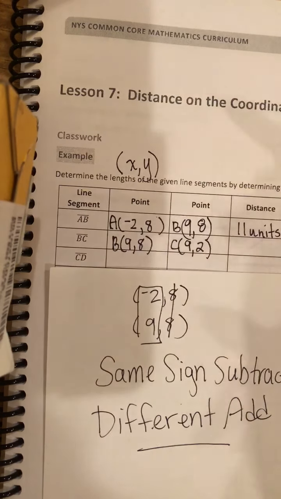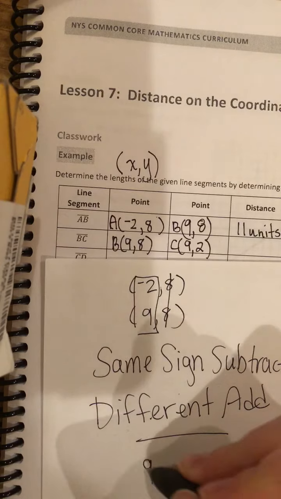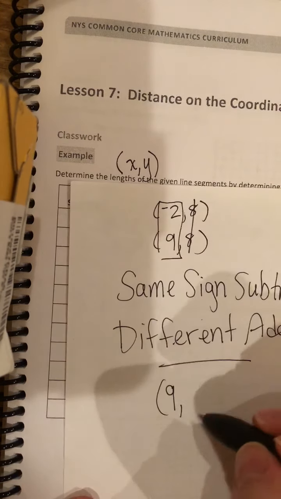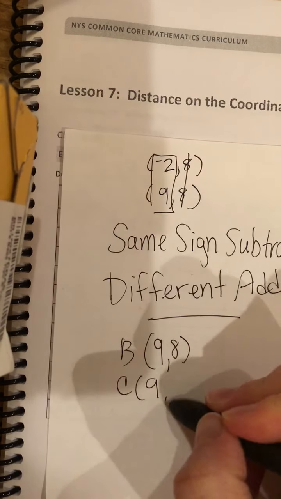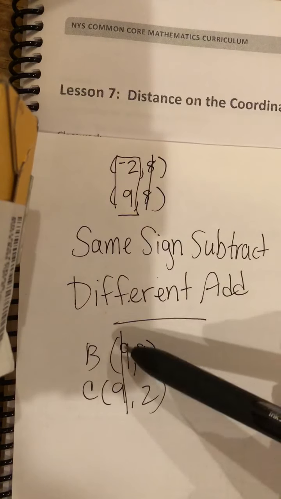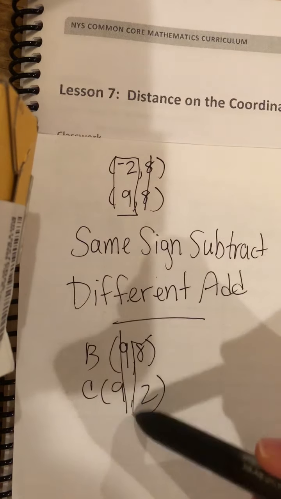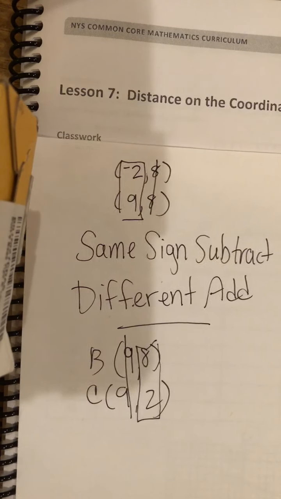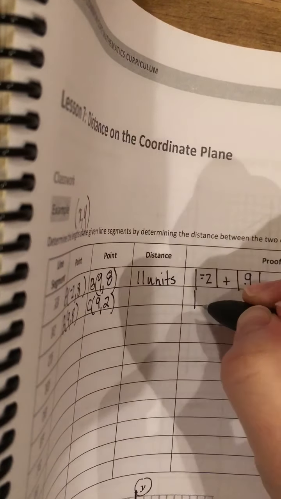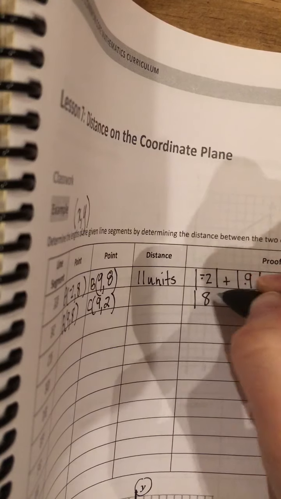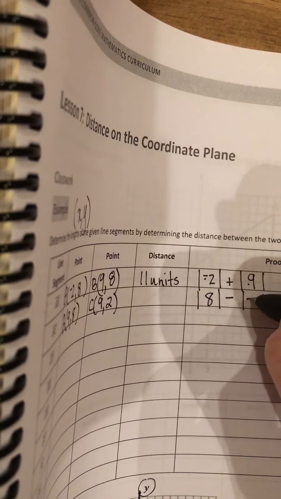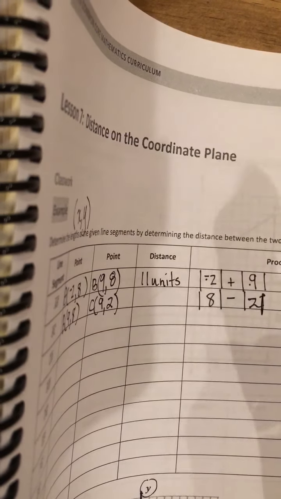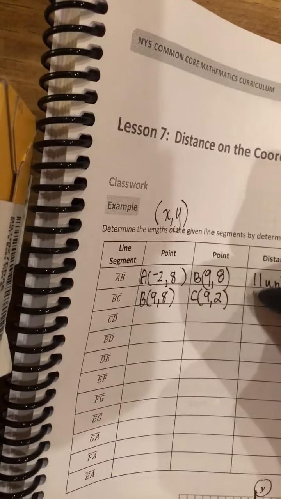You can also just cross, I wouldn't cross them out and make it sloppy, but 9, 8, that's B, and C is 9, 2, canceling them out. These numbers have the same sign, so I'm going to subtract, so it should be 6. Because 8 minus 2 is 6, so absolute value of 8, the bigger number goes first when you're subtracting, otherwise it's a negative number. Whoops, minus the absolute value of 2, sorry. And that should be 6 units.